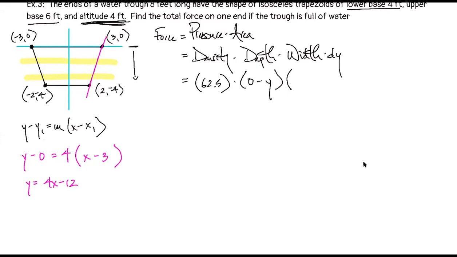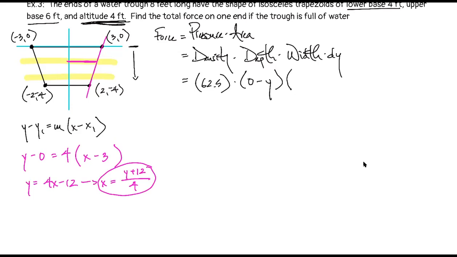But Kyle, as you pointed out earlier, and you are correct, since we have a dy, we need to account for this width in terms of x equals something, all right? And so when we solve for x, we will get y plus 12 divided by 4. This represents this part of the width of any slice.